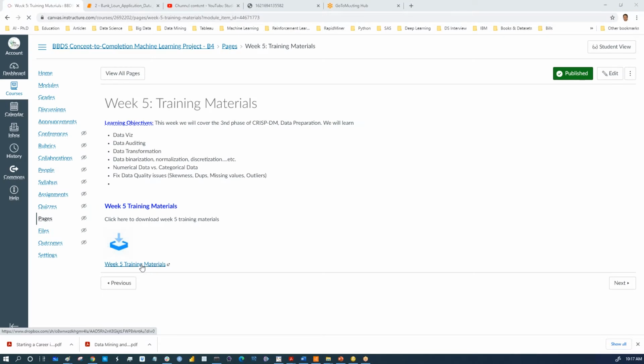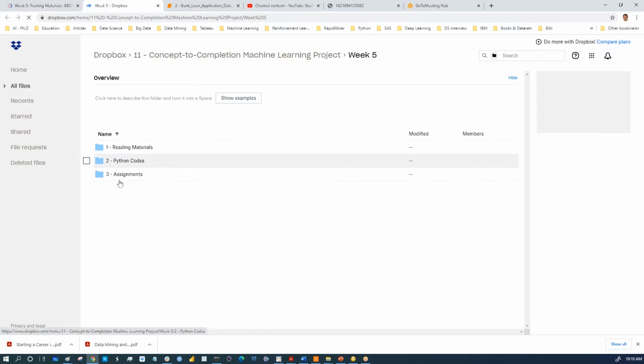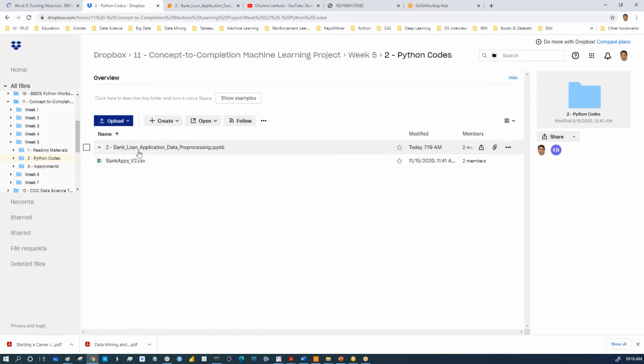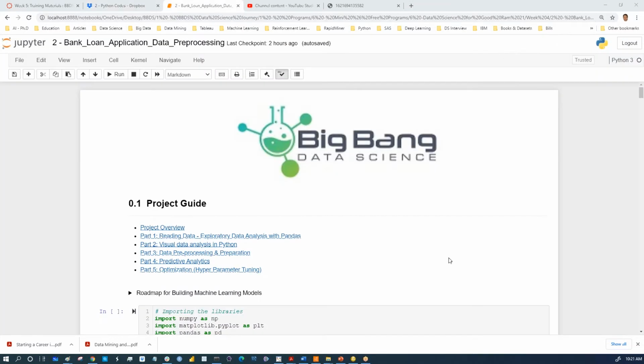Click on the Dropbox and it's there: assign Python codes and bank loan application data preprocessing, and you have the data set number 2. I'm going to give you 2 minutes to help you download the file so you can follow along with me while we are going through the code step by step.